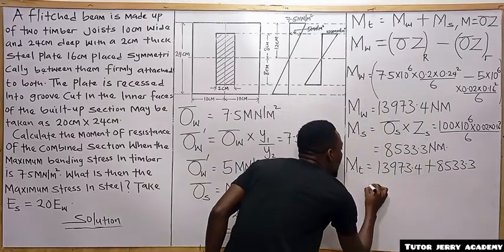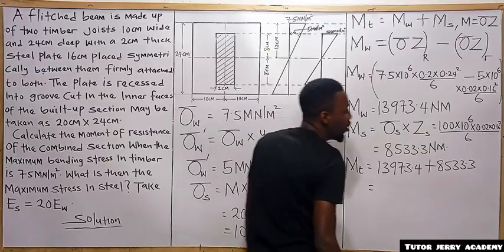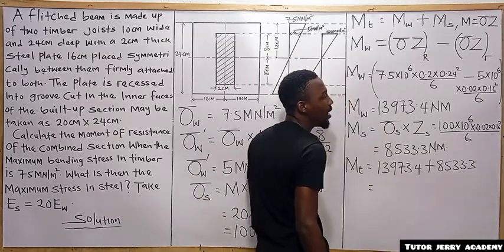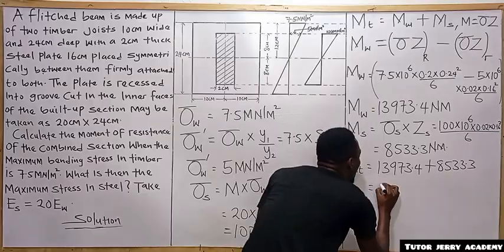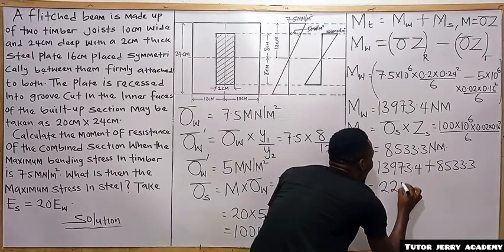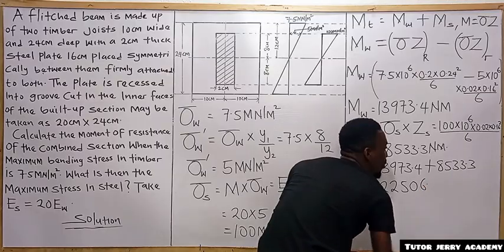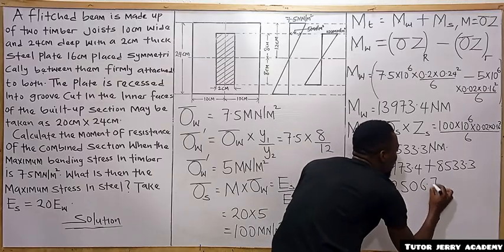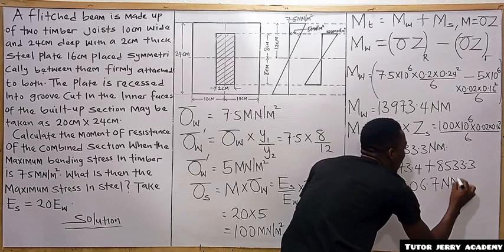So if you sum this together now, what are we going to have? We are going to have 22,506.7. So this is going to be Newton meter.